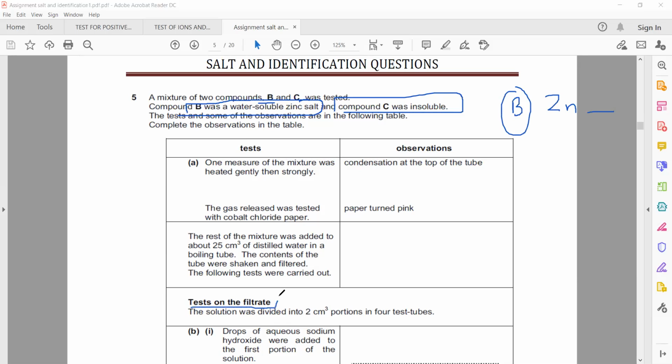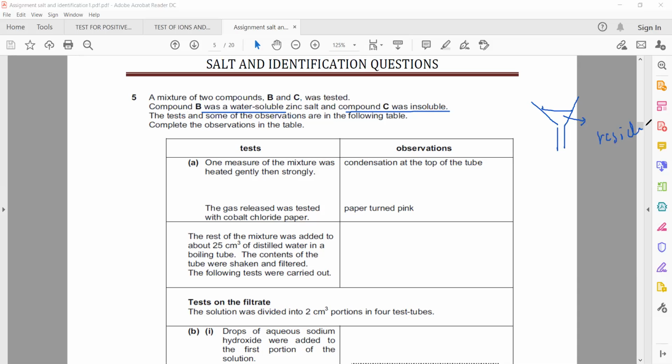Test on filtrate. So what will be the filtrate here? You can see in the question they mention compound B is water soluble, meaning it dissolves, and compound C is insoluble. So when you filter the solution, what is left on the filter paper is called residue. And what passes through the filter paper is known as filtrate.